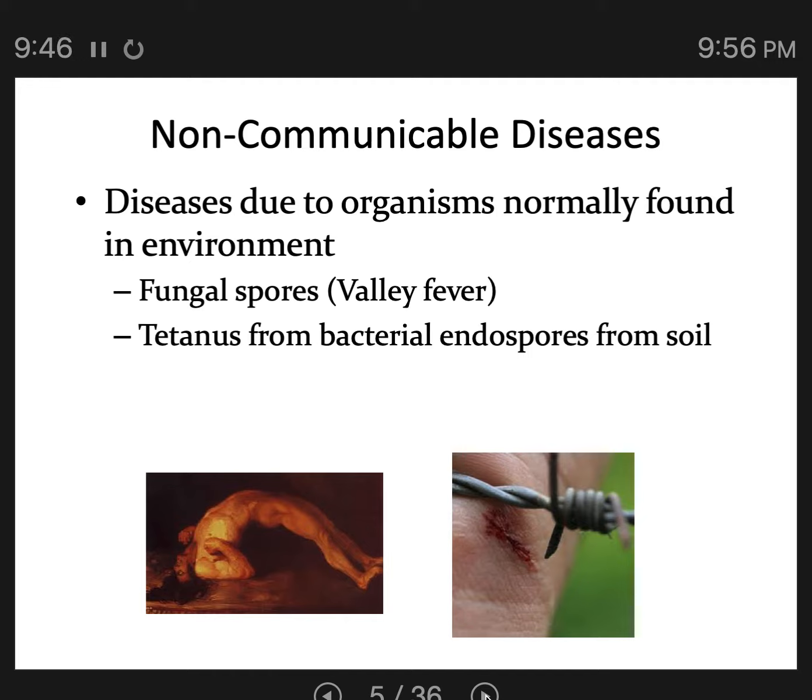Their toxins are designed to help them to survive and compete in their natural habitat, in the soil, for example, and those toxins just accidentally cause problems for animal biochemistry. So tetanus and valley fever are examples. Tetanus, the disease is described by paralysis at its most extreme. Valley fever by chest pain, cough, fever.